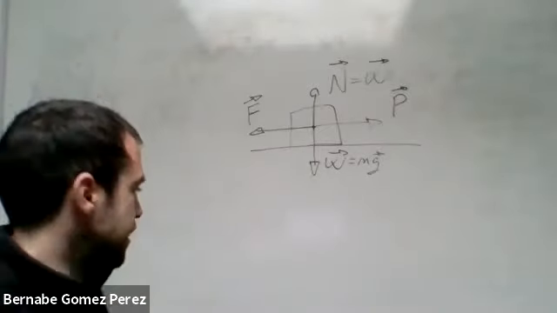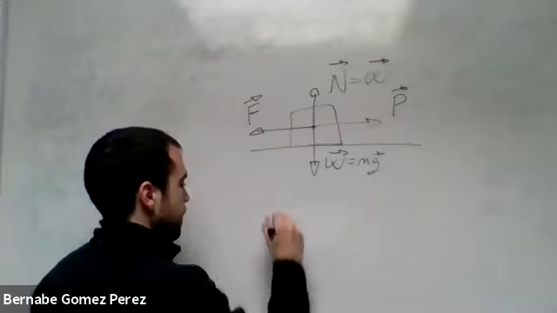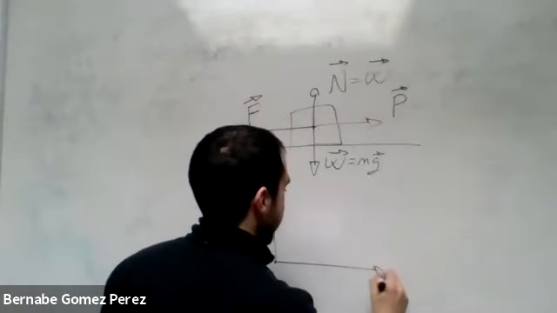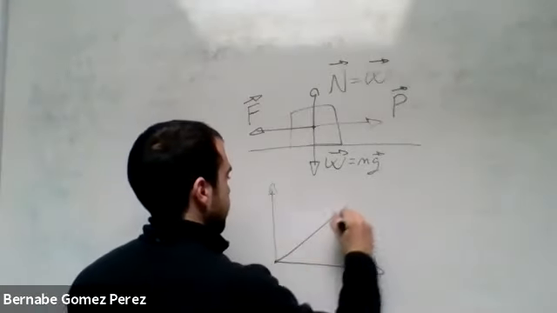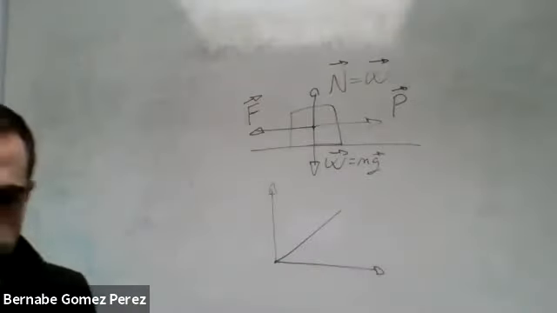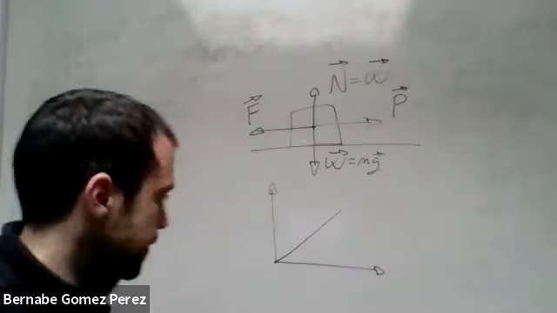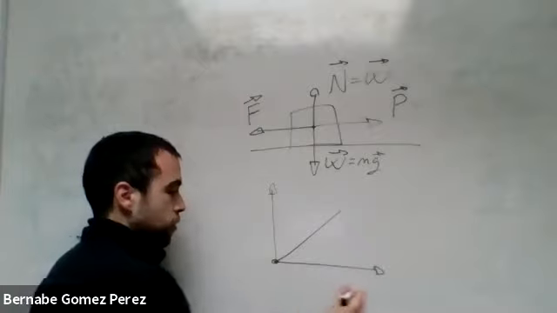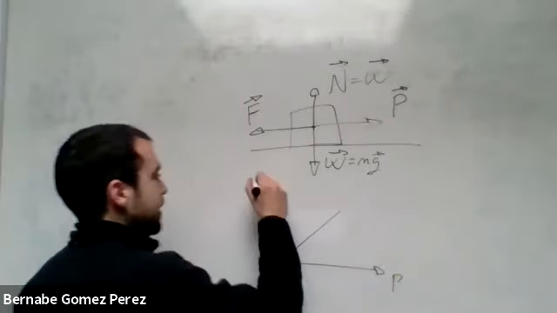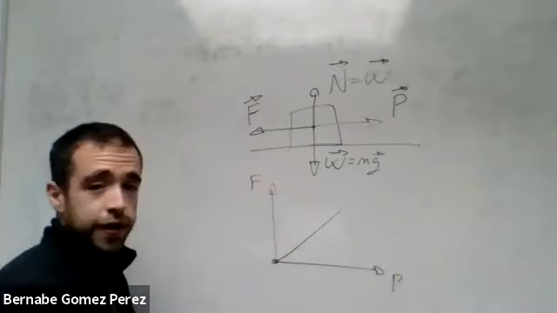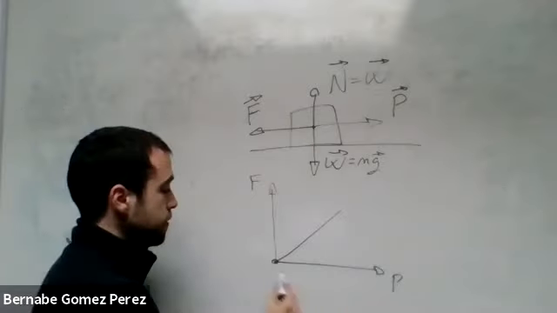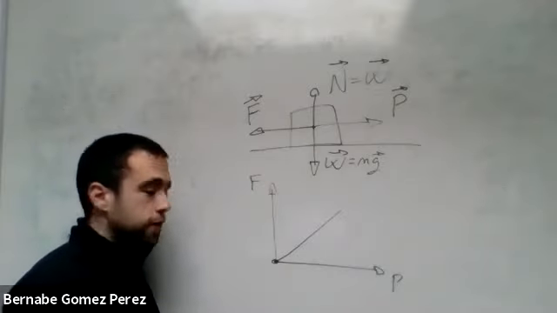As we saw in the exercise before, where we could realize that we had a linear trend of static friction, right? Which starts at 0. So basically here, P is related to the frictional force, right? So when P is 0, the frictional force is 0.